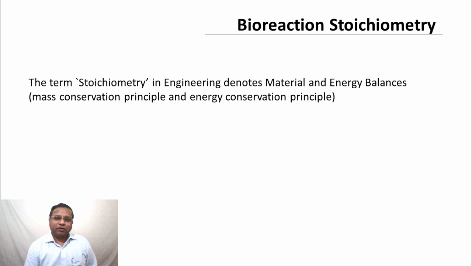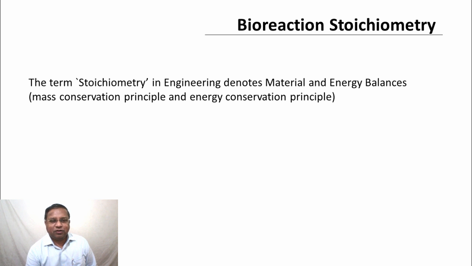The term stoichiometry is used heavily in chemistry. It is also used in engineering. In engineering, it actually denotes the material and energy balances, or things that are based on the mass conservation principle and the energy conservation principle. That is what is called stoichiometry in some fuzzy fashion in engineering.